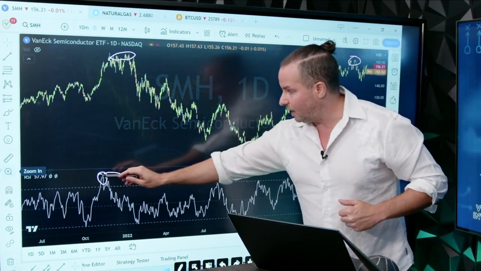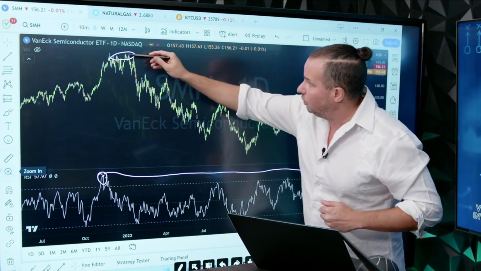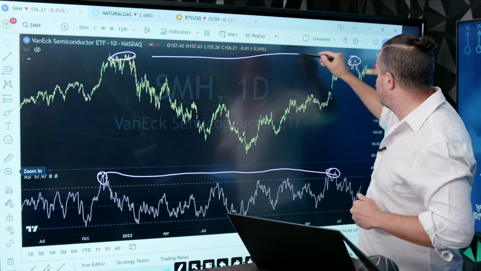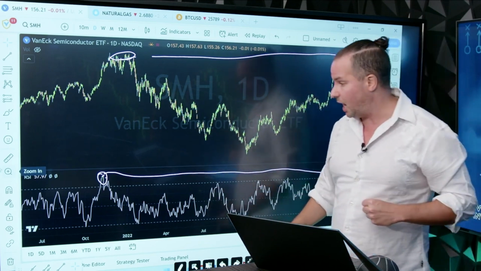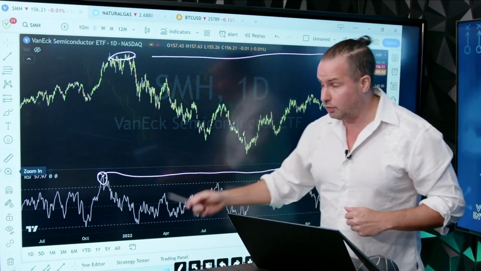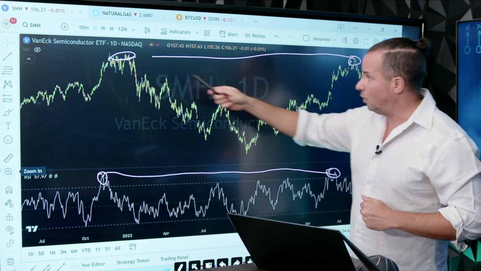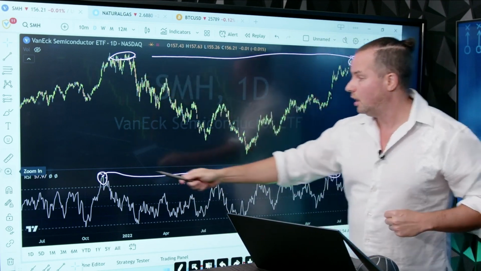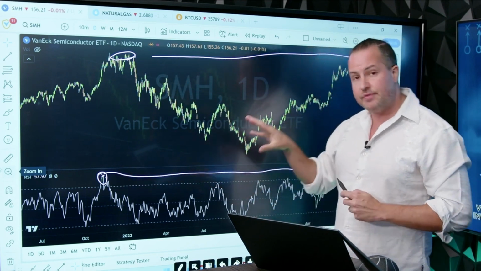So essentially you have a lower pivot high on the RSI, even though this was a higher high. So again, look at this. If I draw a trend line here, it's slightly upsloping. This is slightly downsloping with the RSI. This would be considered a negative divergence. So you have a negative divergence from peak to peak, high to higher high on price, high to lower high on RSI, and that is the negative divergence that I see in the chart.